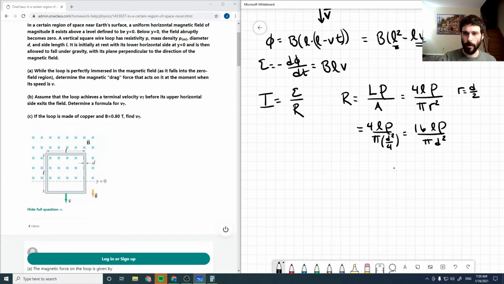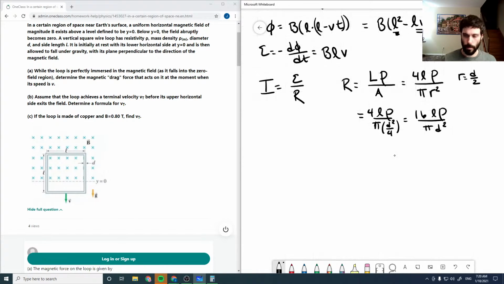So now we can plug in some of our values here. Our current is going to be BLV over 16L rho over pi d squared. We can cancel these L's and bring the pi d squared up top.